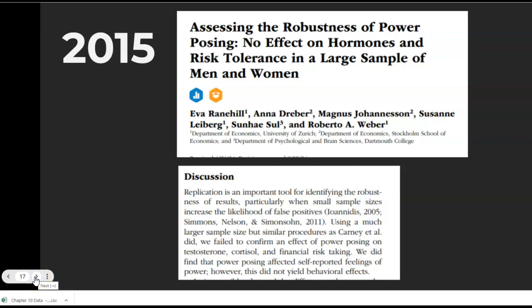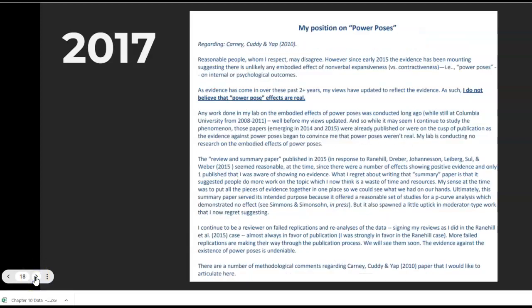All right, so after that, in 2015, we have another, this is a position paper coming out from one of the authors of the original study. This is from Carney. And here this author is making a statement where they have reviewed the previous work and all of the research that's been done. And there's been a number of studies at this point showing that they argue now that they don't actually think power posing is real.